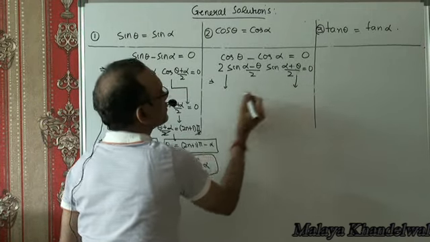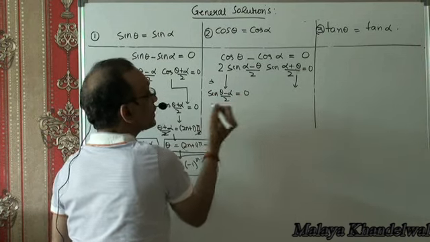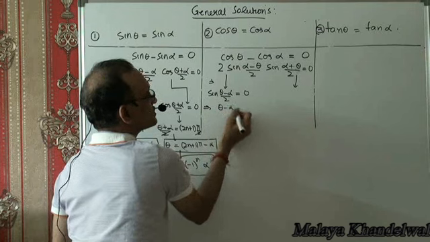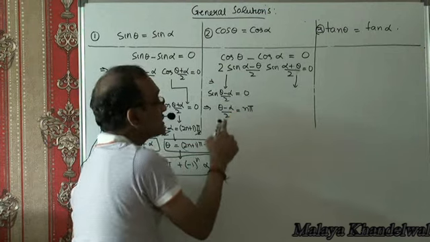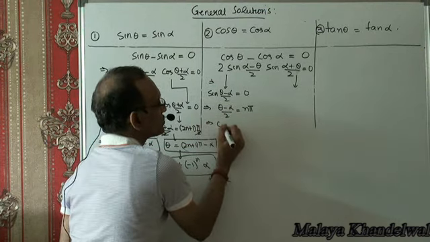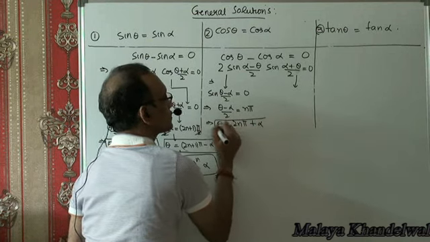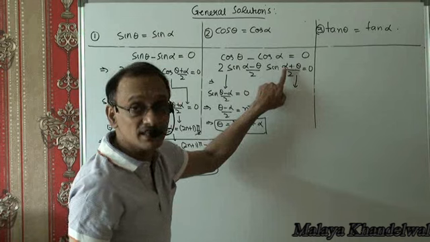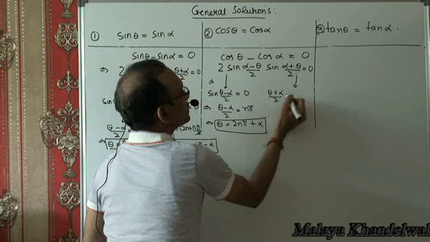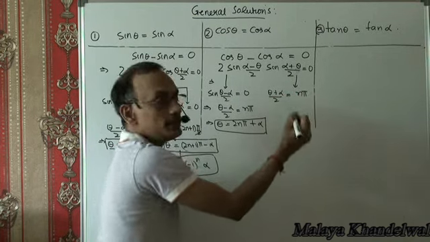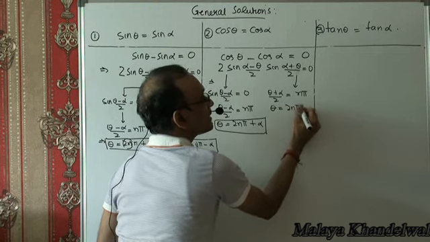So there are two cases that will emerge clearly. Sine of (theta minus alpha) by 2 is 0. That means (theta minus alpha) by 2 must be an integral multiple of pi, right? If sine of an angle is 0, that angle must be an integral multiple of pi, or theta would then be 2n pi plus alpha is one possibility, right? What about this case? When sine of this is 0, this will give me (theta plus alpha) by 2 equal to once again an integral multiple of pi, and then this is going to yield 2n pi minus alpha.